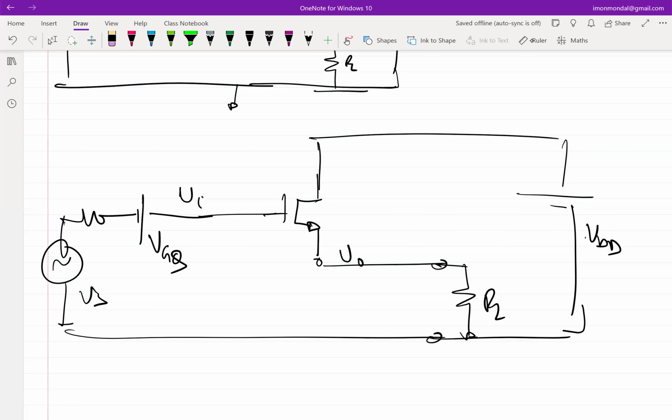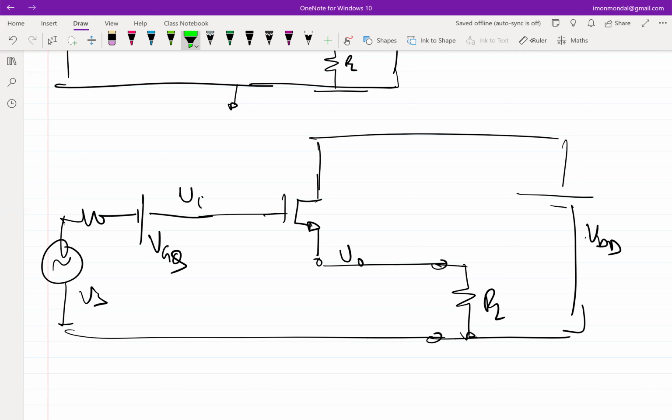One possible issue with this type of biasing at the output side when you connect RL is that it's not necessary that RL will be a floating RL with both terminals available to you. RL might be a modeled input impedance of a previous stage or of the next stage.